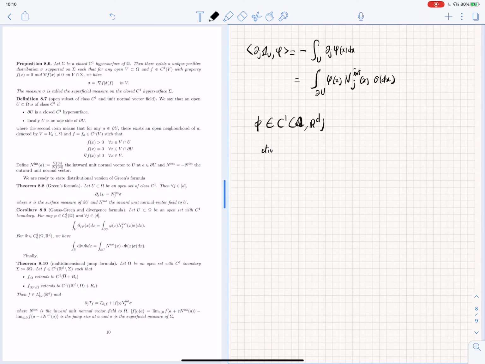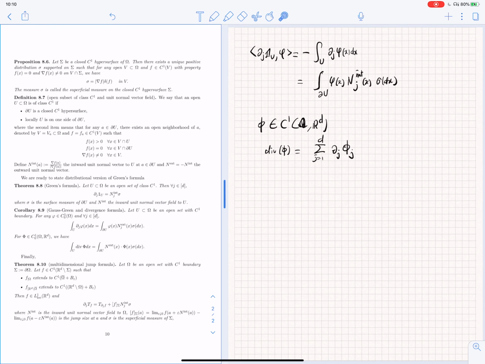Then the divergence of phi is given by the sum over j from 1 to d of partial j of the j-th component of the vector field phi. So really the divergence formula is just when we put all the components together. The right-hand side we have the inner product of the unit normal vector field with the vector field phi.